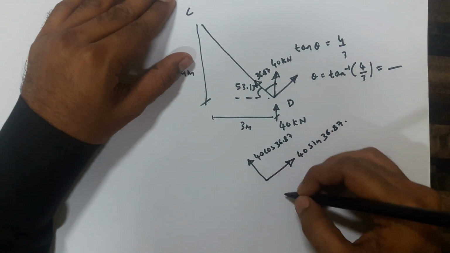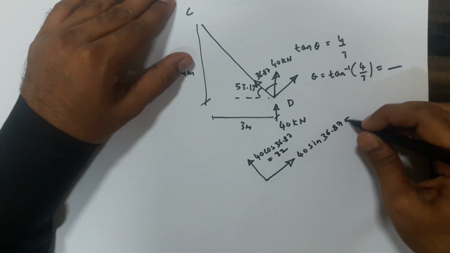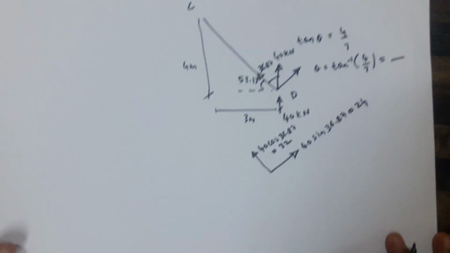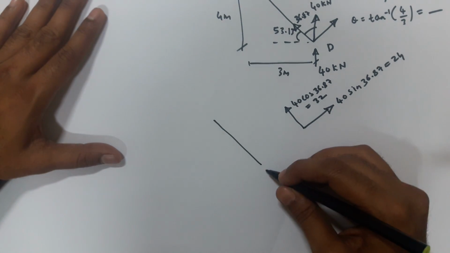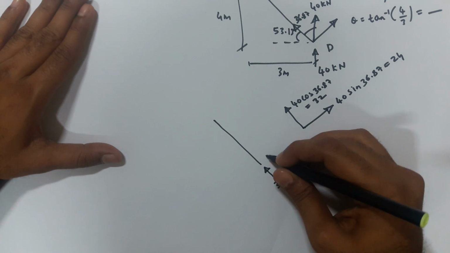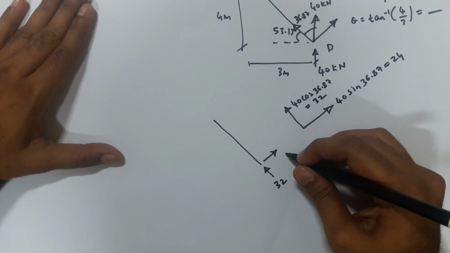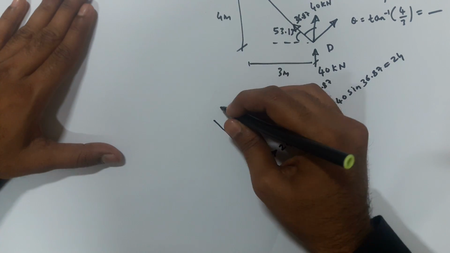So along the member you are getting 32 and perpendicular you are getting 24. Again you can draw like this. This is point D and this is point C.